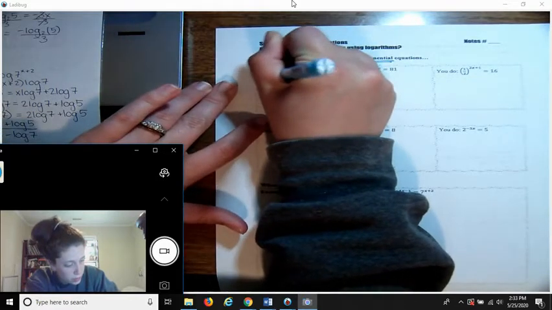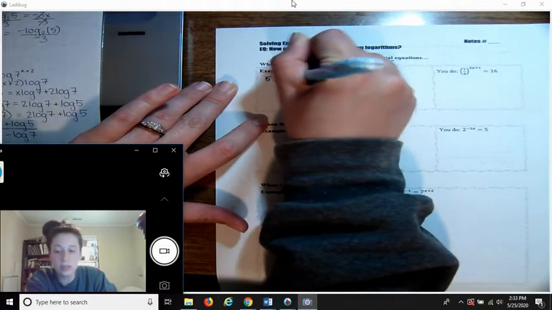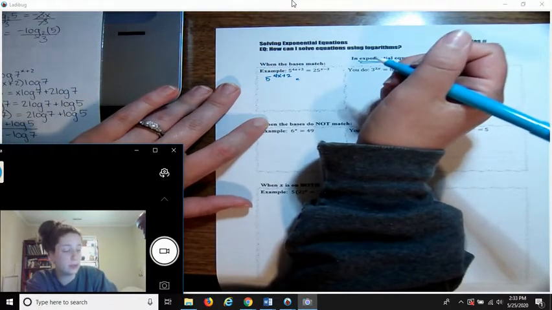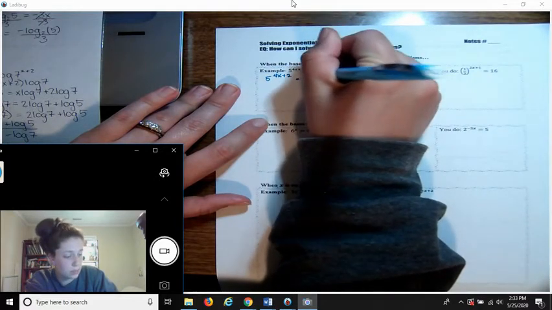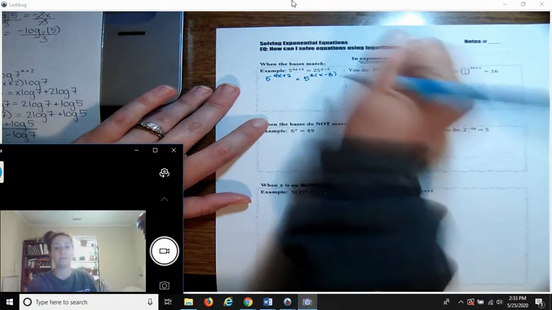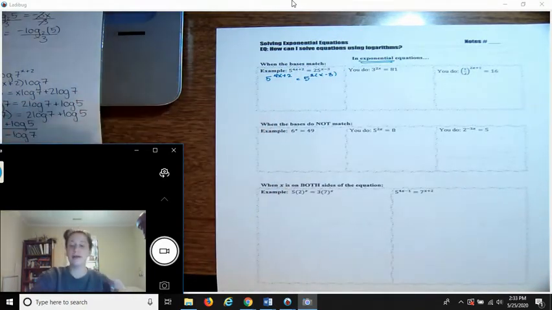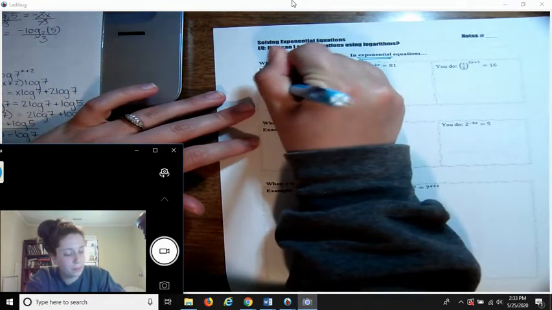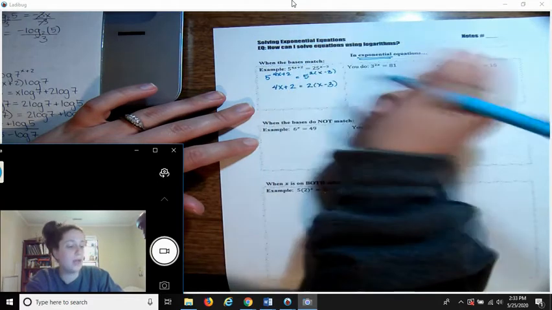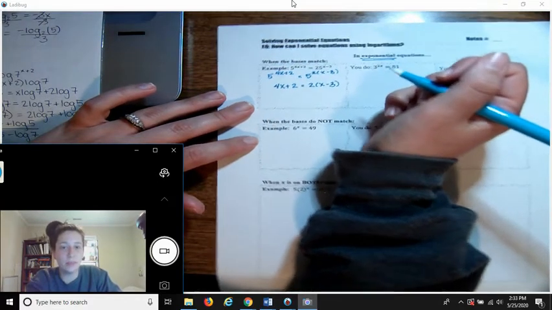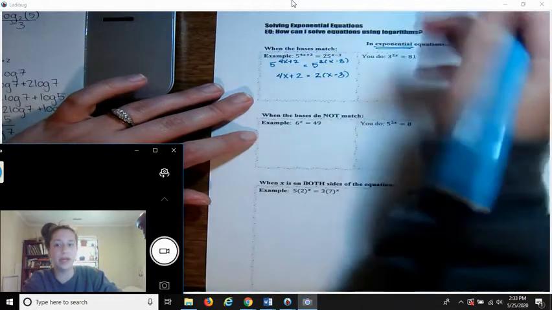5 to the 4x plus 2 equals, now 25 is just 5 squared, so I can rewrite it as 5 to the 2 times x minus 3. Now they have the same base. When they have the same base, I can just set the exponents equal to each other. I probably should have simplified first, but I will do that now.